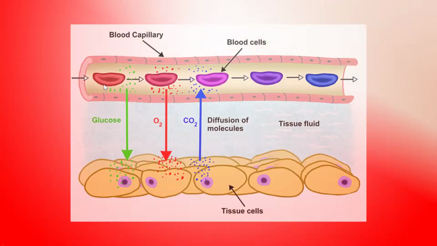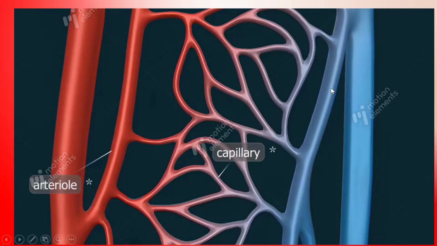Now, these capillaries are so thin that in the tissues, the nutrients like glucose and oxygen diffuse out of these capillaries and enter into the cells, while carbon dioxide and waste products like urea come from the tissue cells and enter into the capillaries. These capillaries further unite into venules.